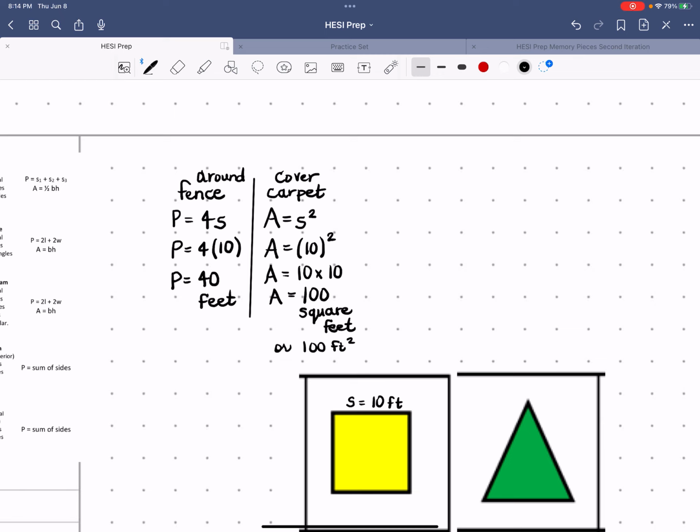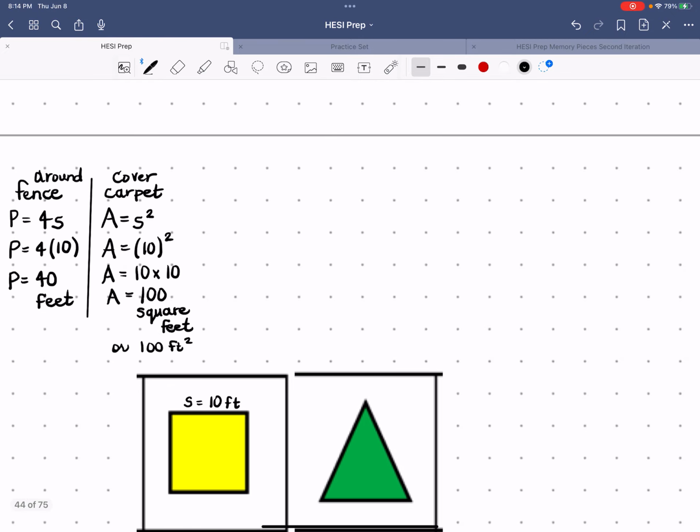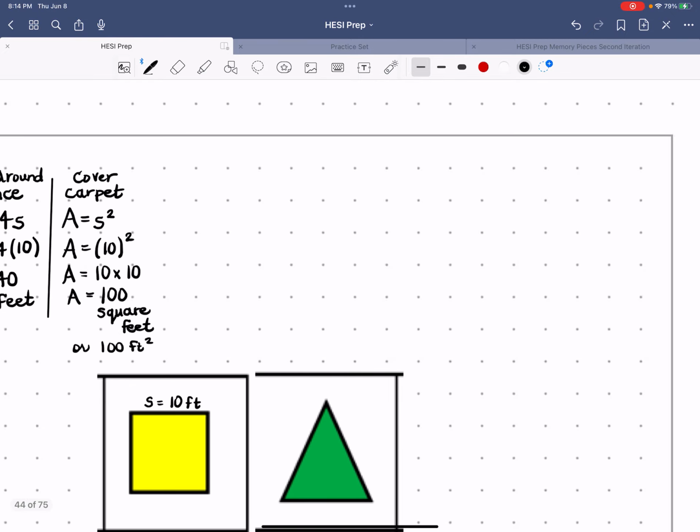I think I'm going to do the triangle because it's right here next to that one. For the triangle, the formula for perimeter is side 1 plus side 2 plus side 3. And these subscripts are not to be confused with exponents.